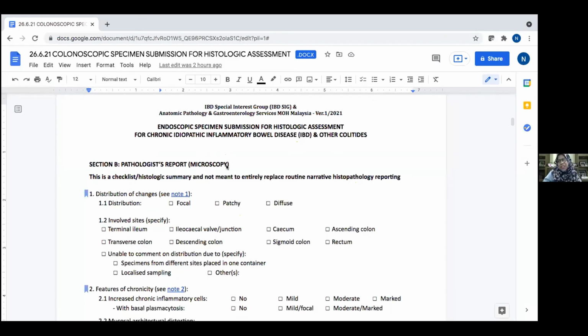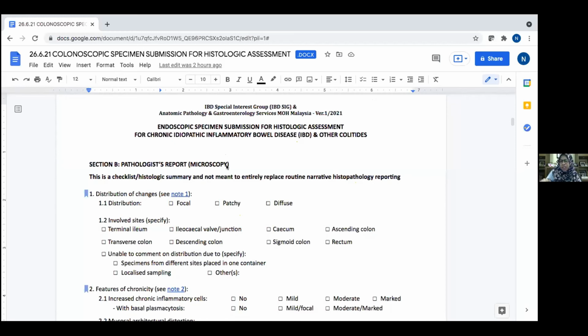That is very, very interesting. I wanted to show cases with increased crypt-based apoptosis, because it also has a few differentials which you need to take note of. I will include them later in the document, because I didn't have time for that.